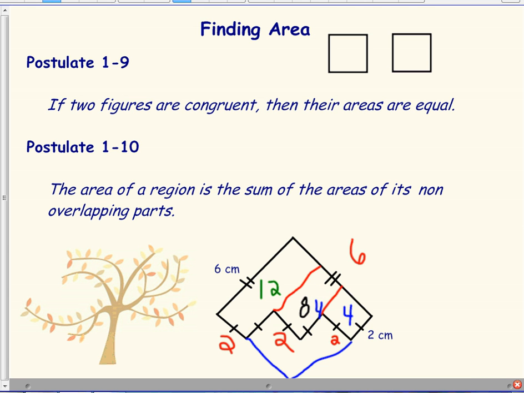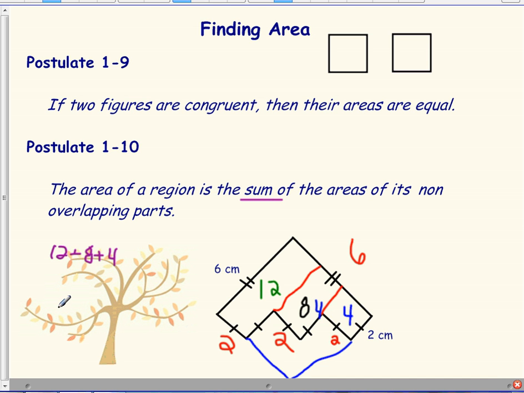All right, so now I have the area of 3 separate parts. I have 12, this section right here. I have 8. And I have 4. So if I were to add those up, I can do 12 plus 8 plus 4, which is the sum, okay, of the non-overlapping parts.